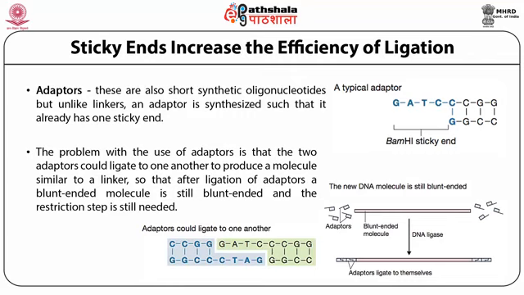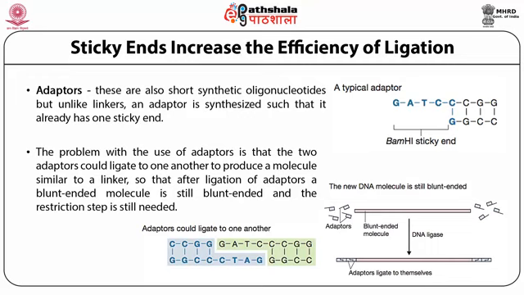And on the right side, you can see a DNA molecule mixed with linkers and ligated. The linkers joined with the linkers can be ligated, can form a concatemer, and some such things can also join with the blunt-ended DNA molecule to make a larger molecule with adapters fused to it, which again, because of self-ligation of linkers, form blunt ends.